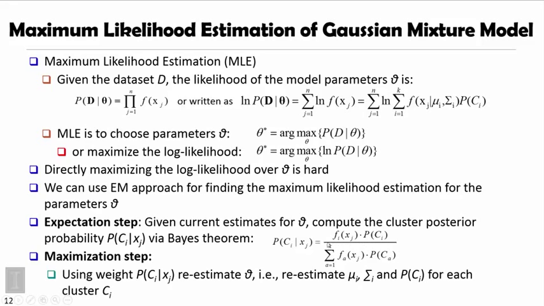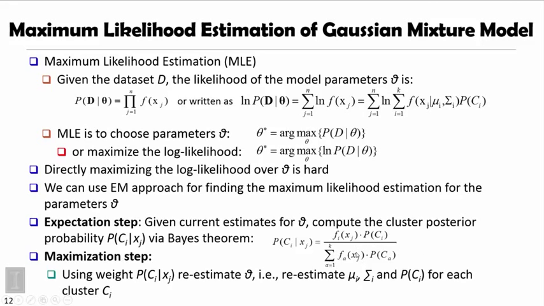Then the denominator is, over all the k clusters, the probability of generating x sub j from each cluster C sub a, and we add all these together.